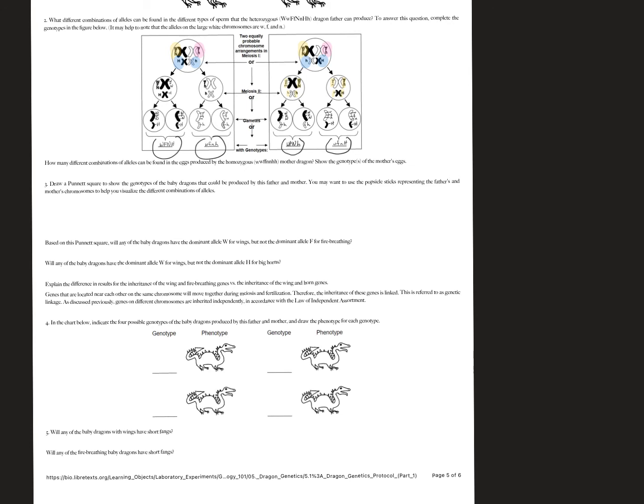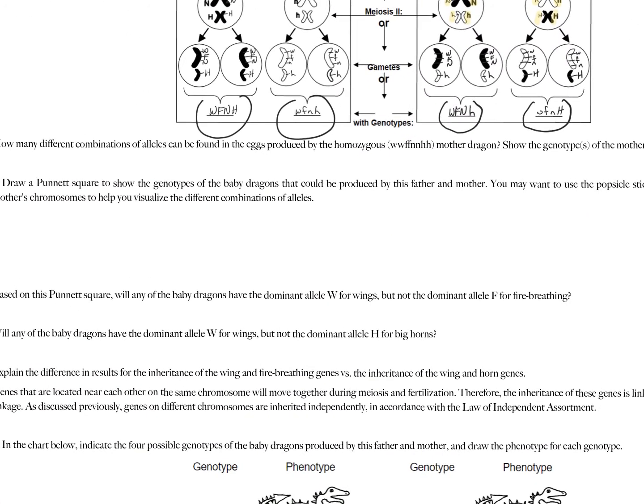So it asks the question, how many different combinations of alleles can be found in the eggs produced by the homozygous mother dragon? Well, that seems pretty straightforward. There's only one, right? She can only produce a little w, little f, little n, little h egg.